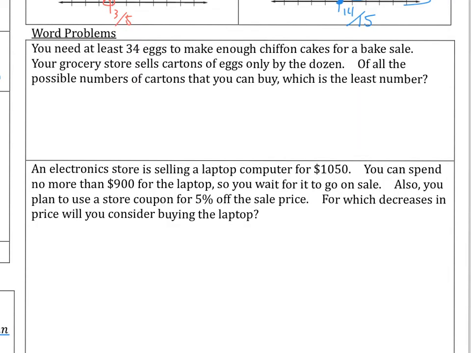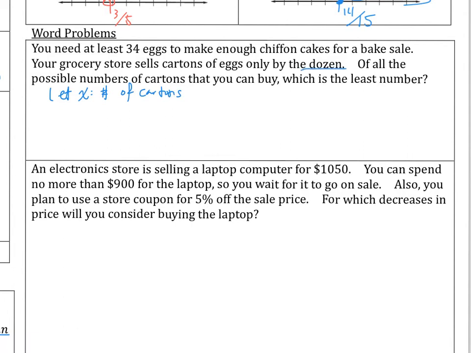Word problems. You need at least 34 eggs to make enough chiffon cakes for a bake sale. Your grocery store sells cartons of eggs only by the dozen. Of all the possible number of cartons that you can buy, which is the least number? So I'm going to first let x equal the number of cartons.